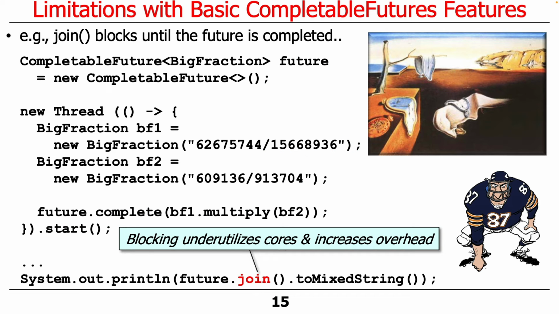So just to underscore this, this code also uses blocking. And the problem with blocking, as we'll talk about a number of other times, is it underutilizes processor cores by tying up a thread that could be doing something else, and it increases the overhead because you have to wait for things to synchronize and combine and join and merge and so on.